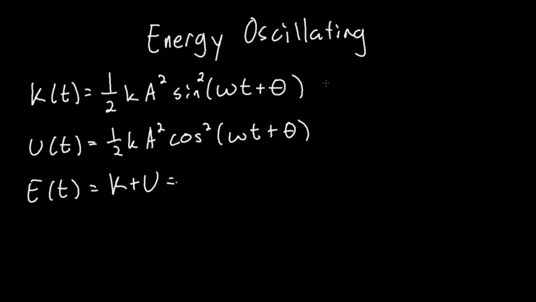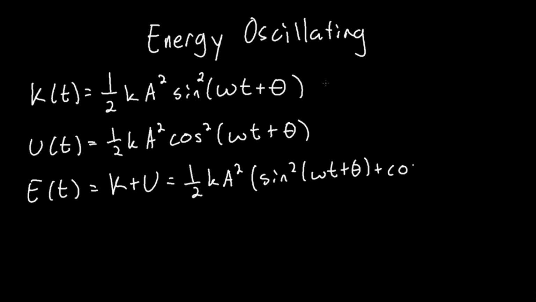So actually, if you add your kinetic and potential here, 1/2 ka squared, you can factor out this beginning term out of both of those equations to get sine squared of omega t plus theta plus cosine squared of omega t plus theta. Well, what happens when you have two squares of these two trig functions and you add them together?